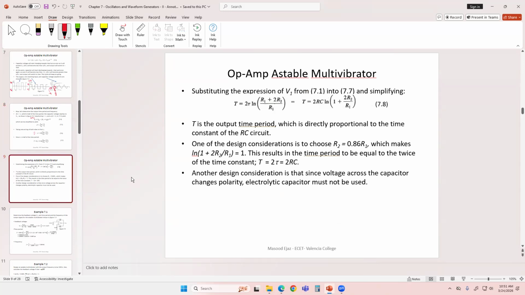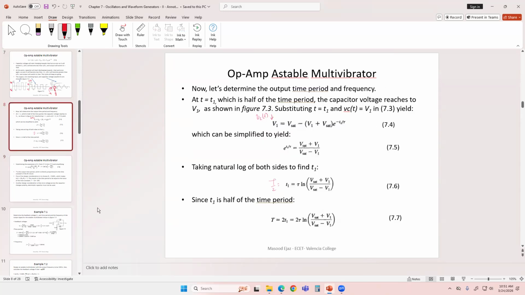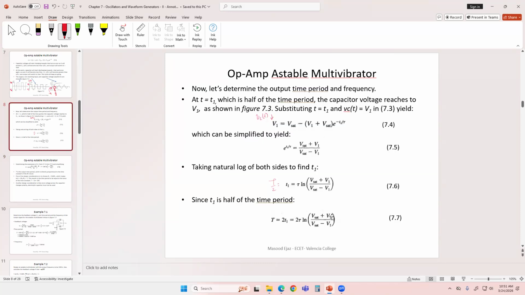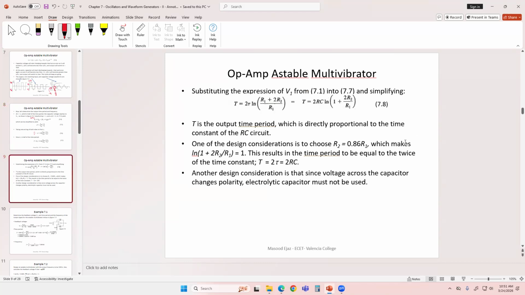And we went ahead and replaced the value of V1. Tau, of course, is RC, and we replaced the value of V1 here and V1 over here, and then we simplified it.